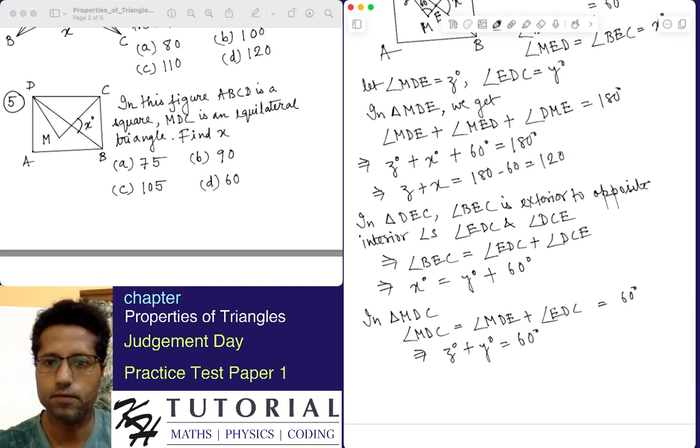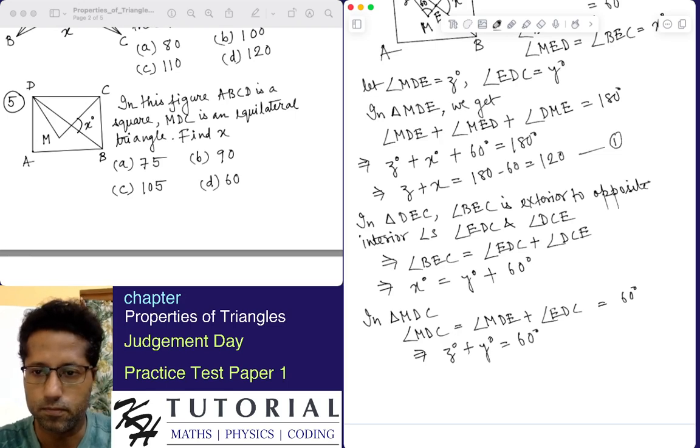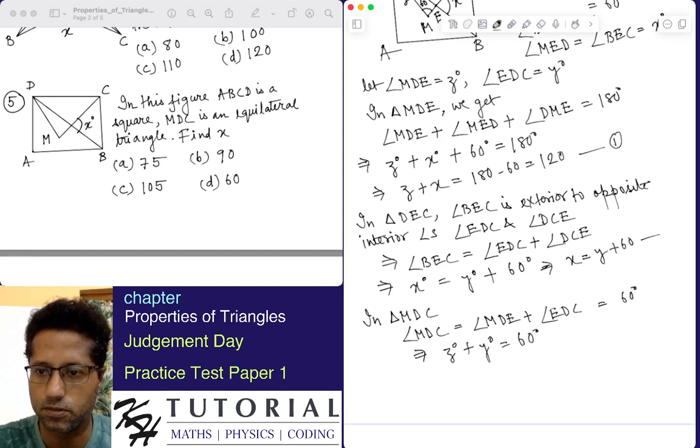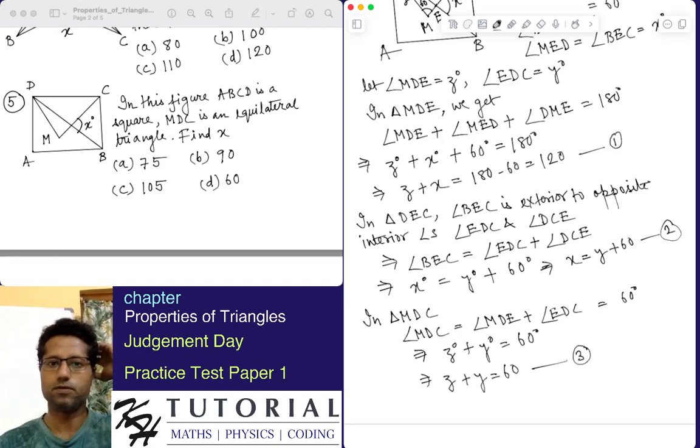We got Z plus X equals 120. From this implies that X equals Y plus 60. Let this equation be 2. And this implies Z plus Y equals 60. So from these three equations X can be solved.